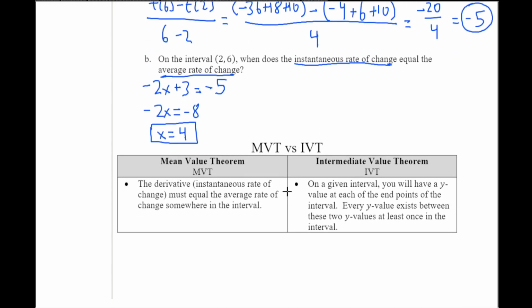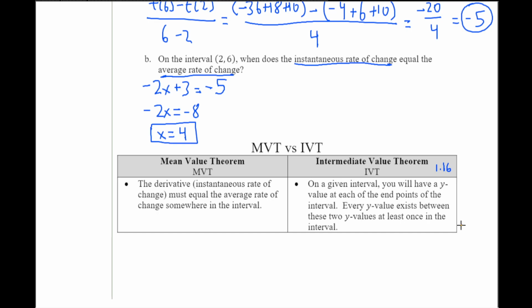So MVT versus IVT. In the past, we learned IVT in 1.16. IVT does not deal with derivatives. It's just with continuity. On a given interval, you'll have a y value at each of the endpoints of the interval. Every y value between these two y values exists at least once in the interval.